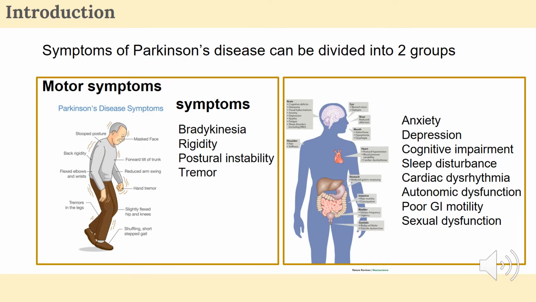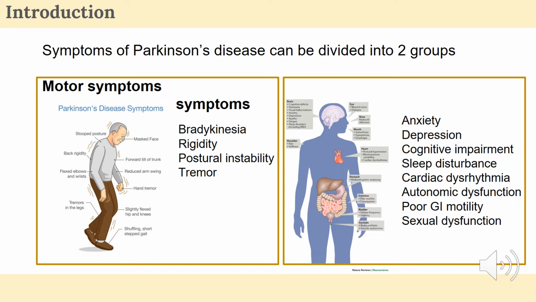Let's review the symptoms of Parkinson's disease. The symptoms can be divided into two main groups: motor and non-motor symptoms. Motor symptoms can be divided into four main criteria, which are bradykinesia, rigidity, postural instability, and tremor.